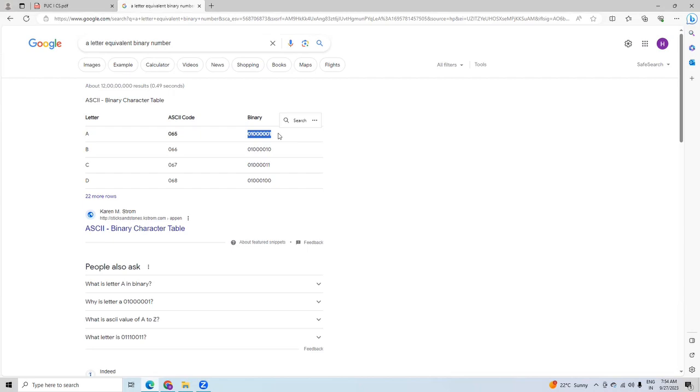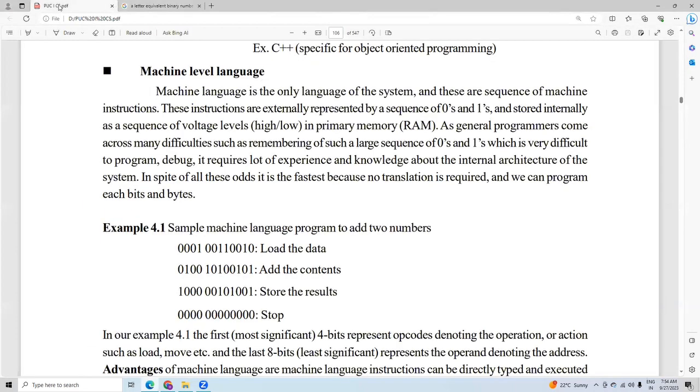That means when you type a letter from the keyboard, some electric pulse will be generated. Every electric pulse represents some ASCII code. That ASCII code for letter A is 65, which is a decimal number. So by using decimal to binary conversion, 65 will be converted to binary digits.